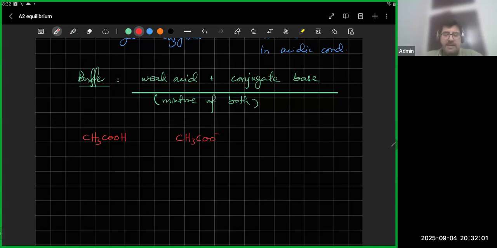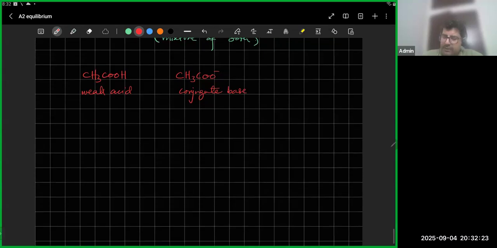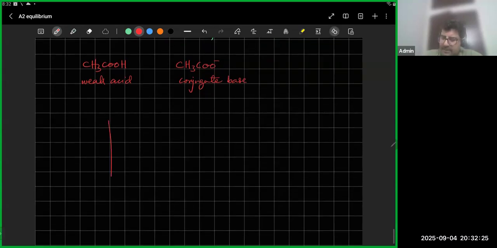Hopefully that is clear to everyone: this is the acid that loses the H plus one. That's the conjugate base because it's going to accept the H plus one back again, right? So you've got a weak acid and you've got its conjugate base. Now, in your solution, both things are going to be mixed together.